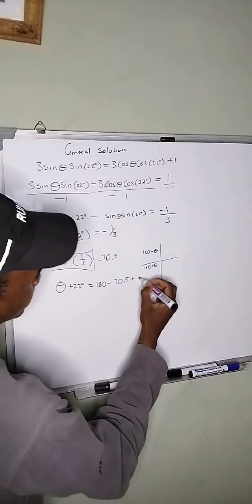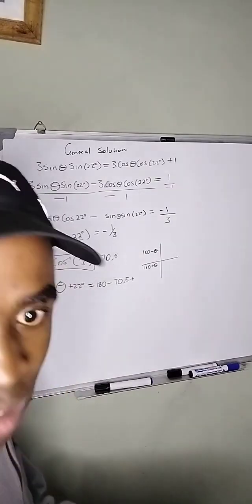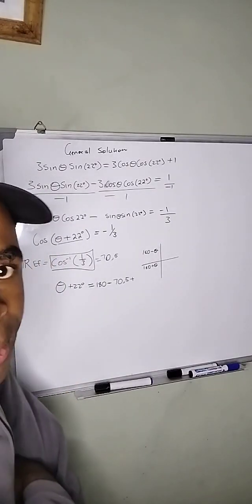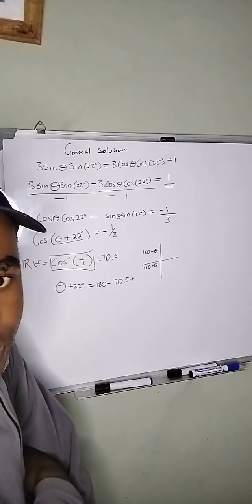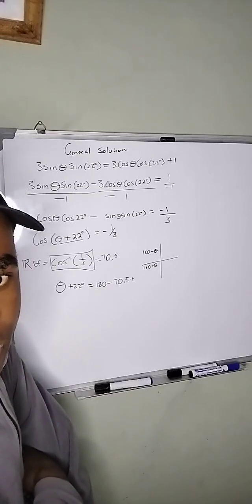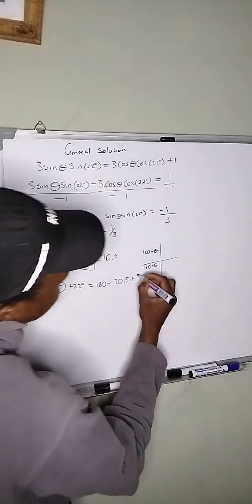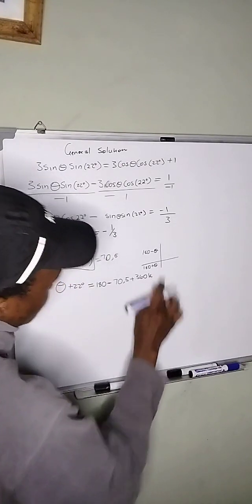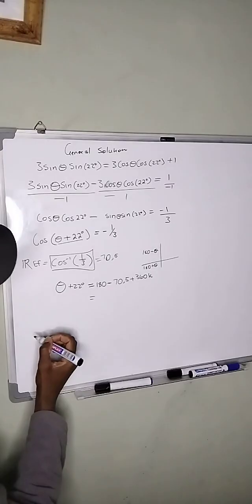Plus, what is the period of the cos, guys? What's going to be the period of the cos? Thank you very much. This is going to be 360 K. Then here's my first solution.